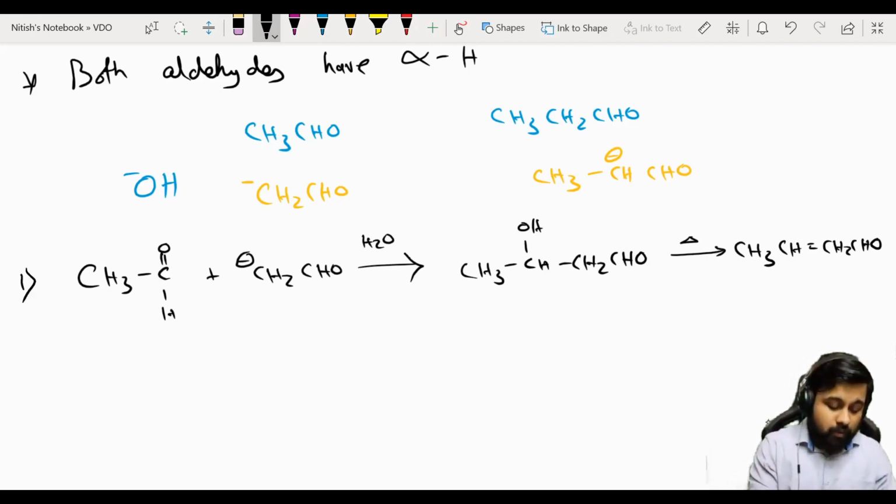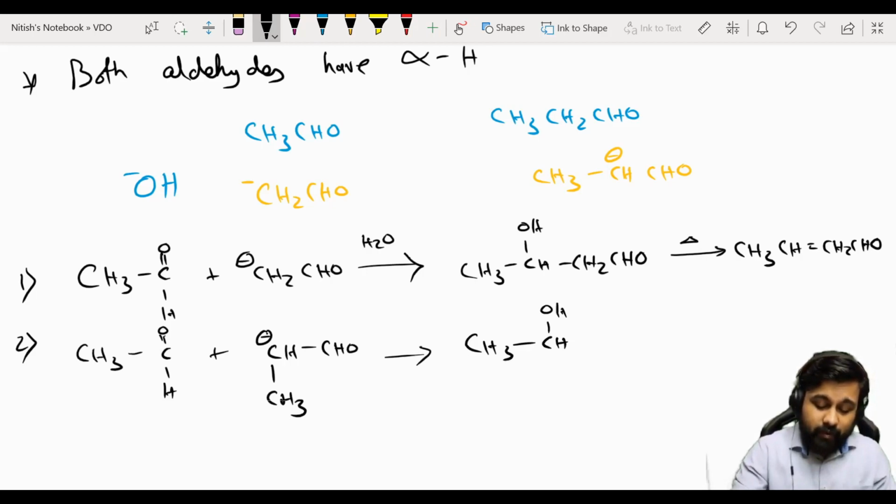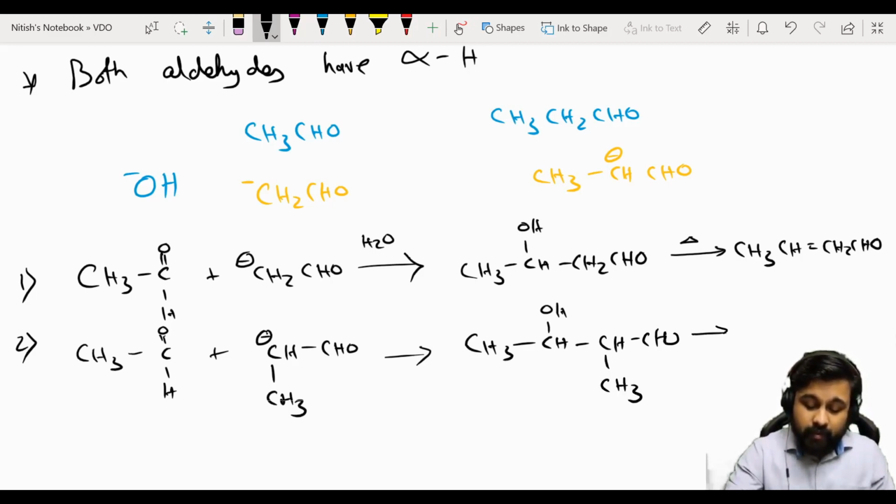Product 2 is when we have CH3CHO and the other nucleophile attacks it. The other nucleophile is CHCHO and there is a methyl group here. This will form CH3CHOH, and the nucleophile is different, so it will be CH(CHO)CH3.